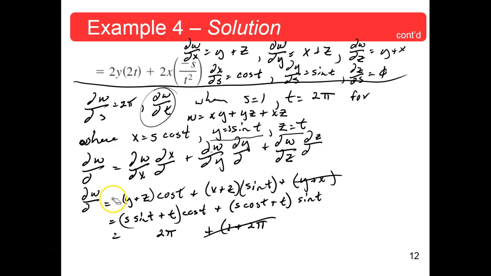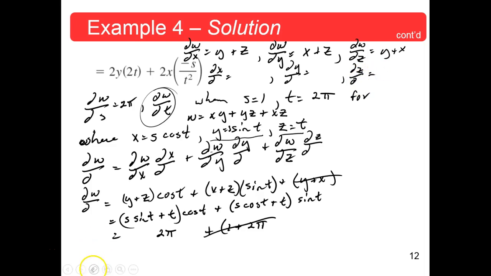What we have to do is come up here and change these. Let's go back and see what we have to do. The partial of W with respect to X is still going to be there.